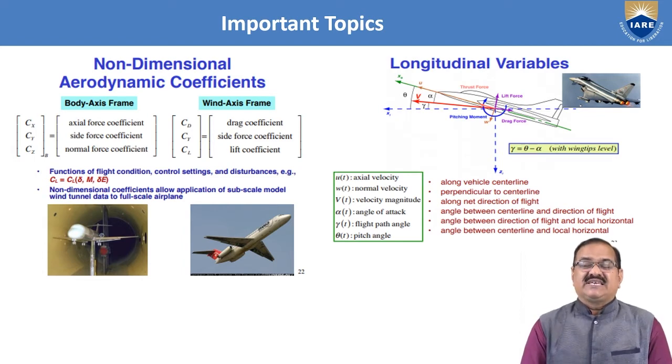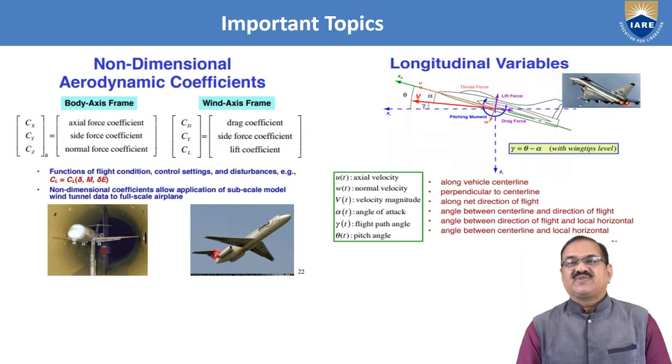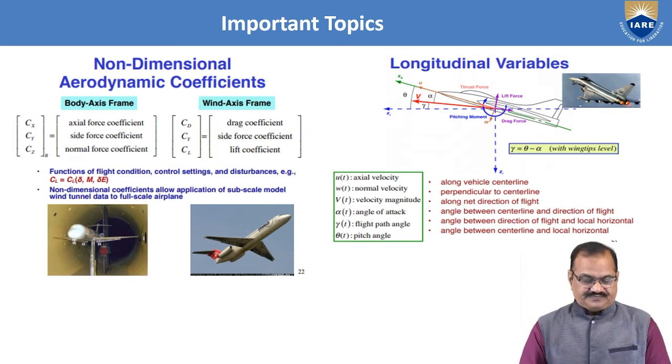The body axis cy and the wind axis cy remain the same because it is not rotating, and the cz in body axis will be CL, the lift coefficient. So it is opposite to the weight of the body.